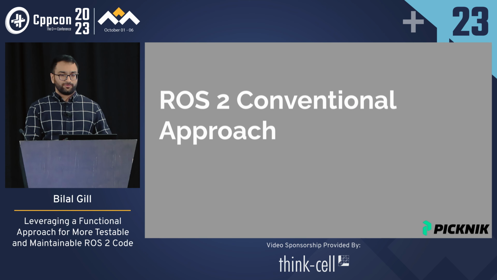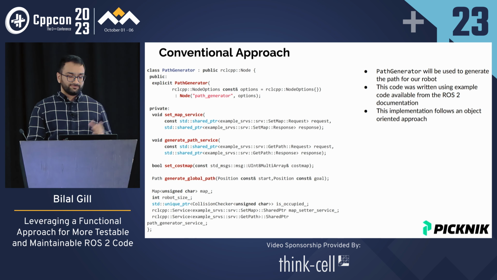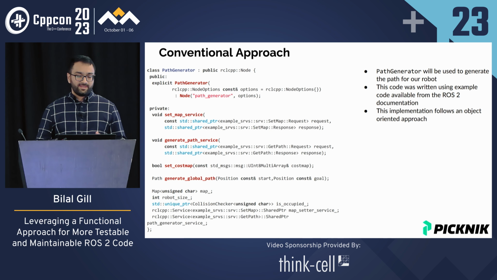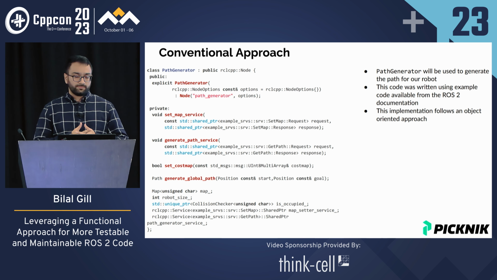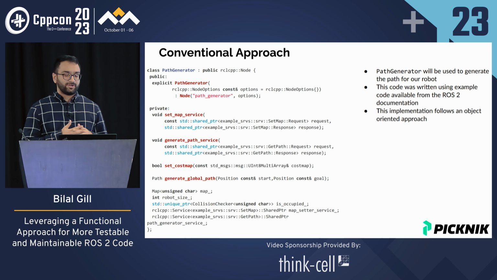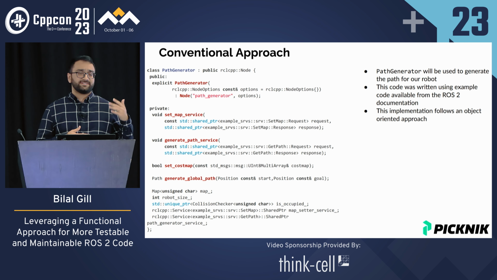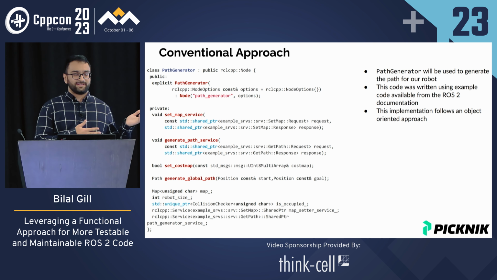Now I'm going to go over what the ROS2 conventional approach is. Here's some code I've written, and this encompasses the ROS2 conventional approach. If you've worked with ROS2 before, this is something you've probably seen. You've seen something very similar to this before, if not something exactly like this.